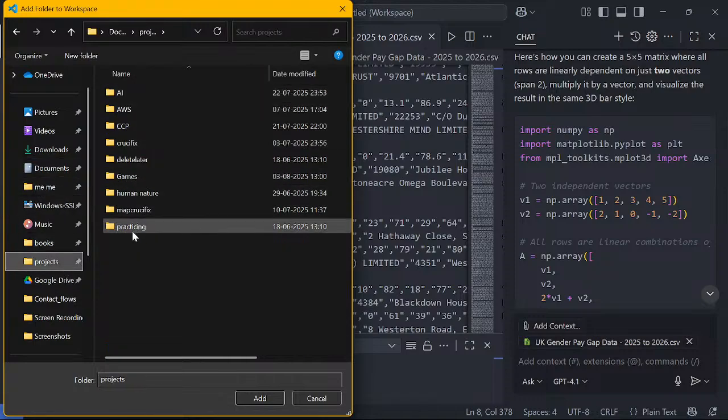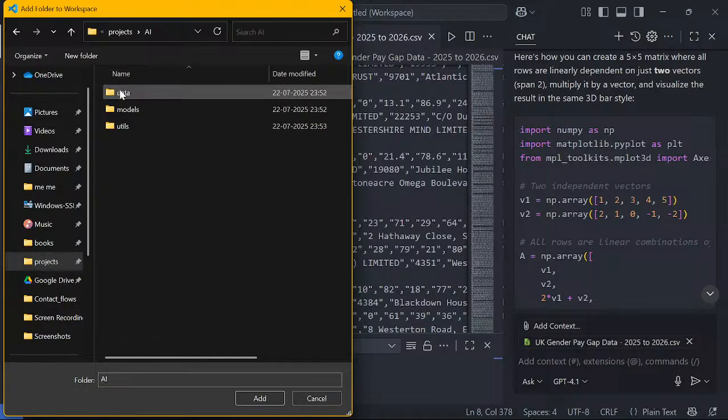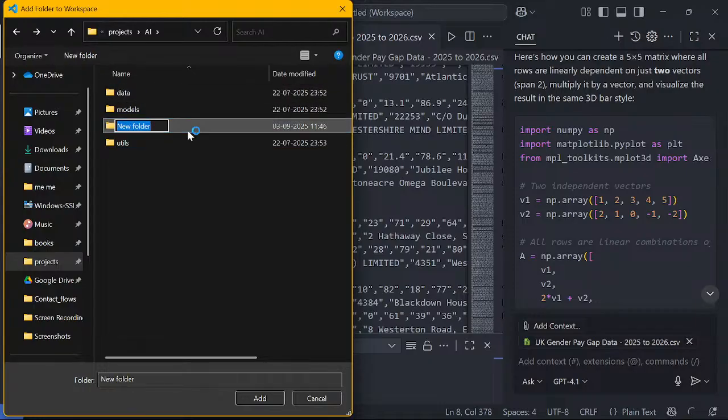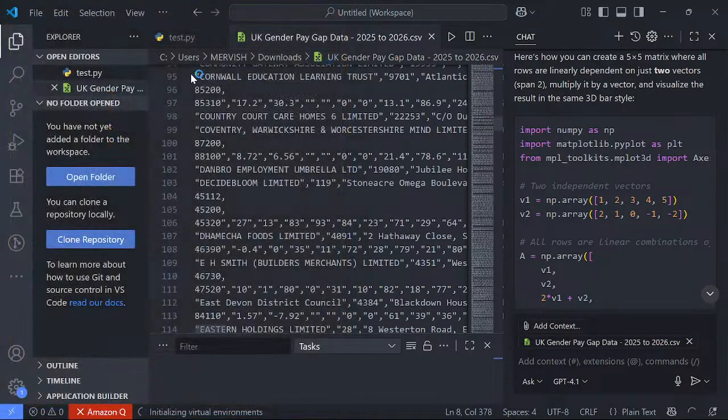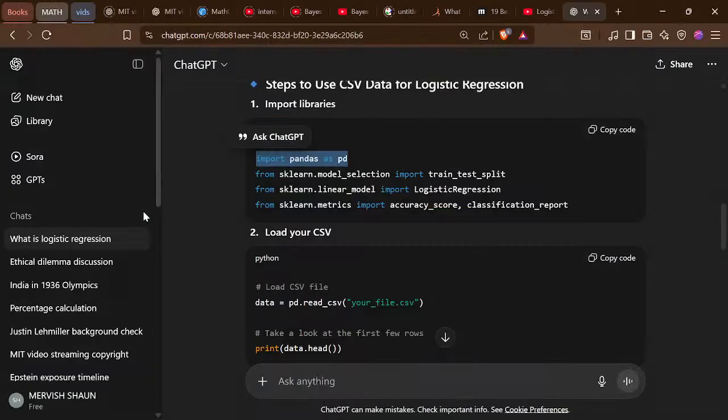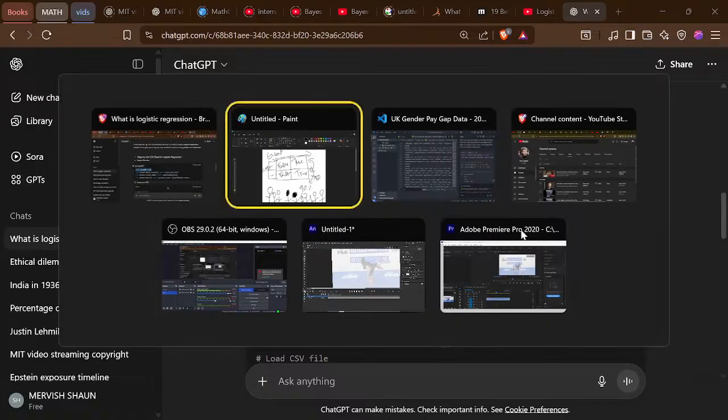Oh, it's in here, obviously. What should I name the file?